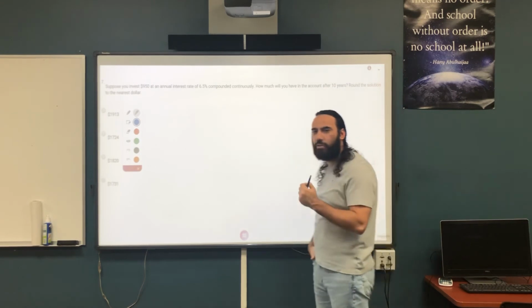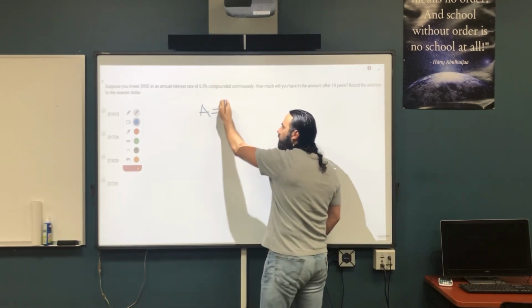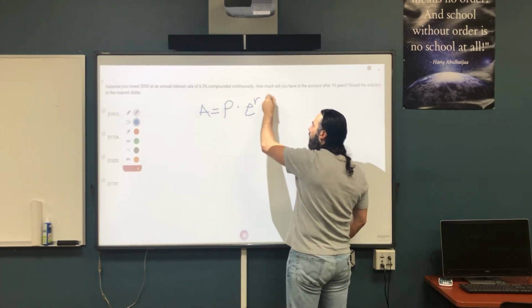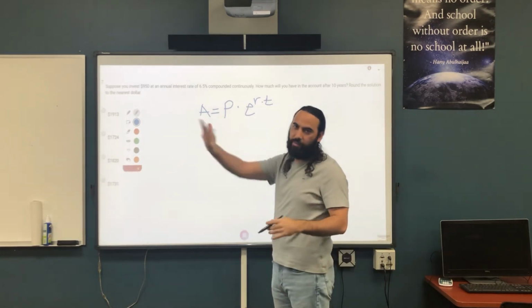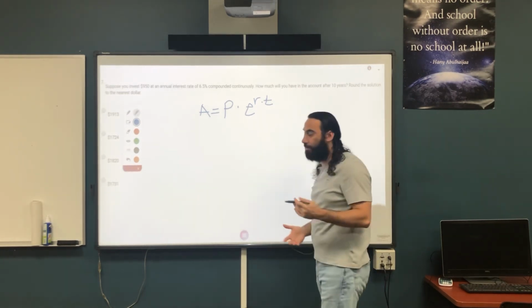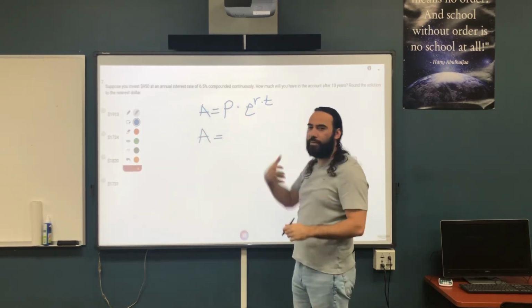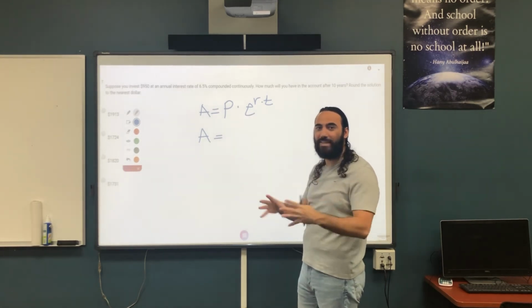So in this case, you need to use a formula. The formula is A equals P times e to the power of r times t, okay? A is the amount that you're going to have after a specific time. P is the principal, how much money you have now, or what is the value now.